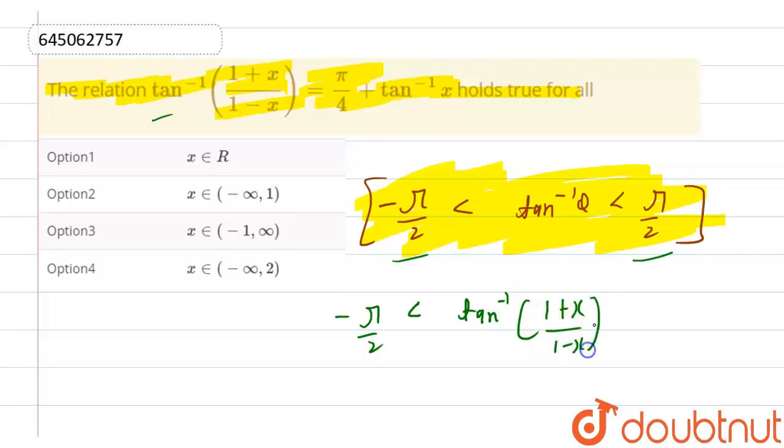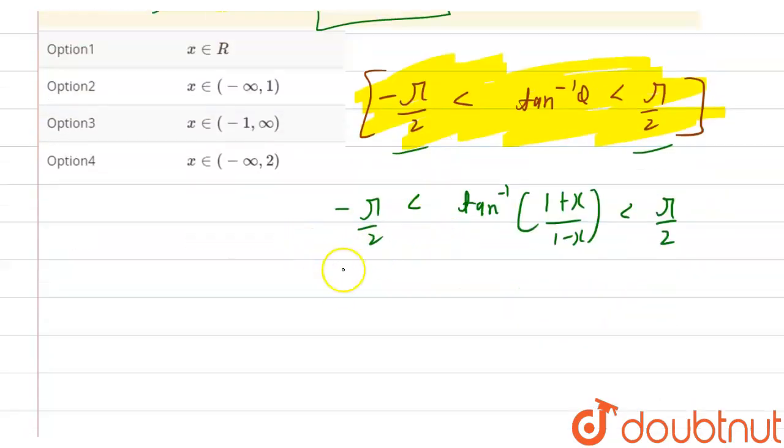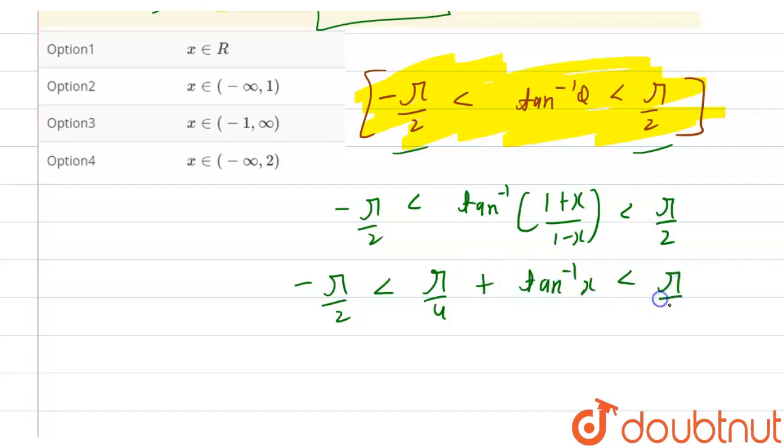Now one more thing comes into the picture. In this question it is given that it is equal to this, so I can replace that given term: minus pi by 2 is less than pi by 4 plus tan inverse x, which is less than pi by 2.